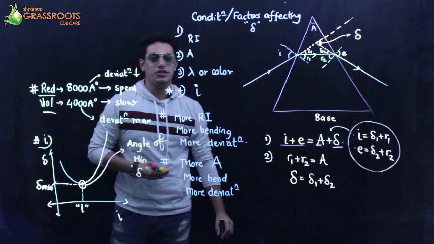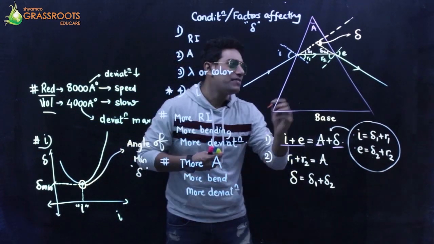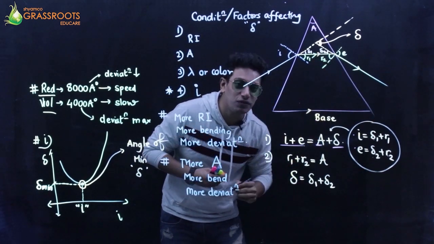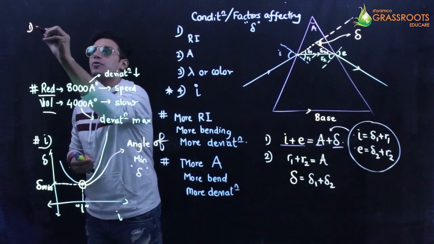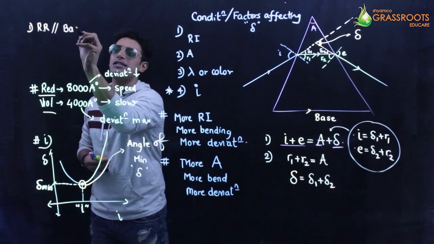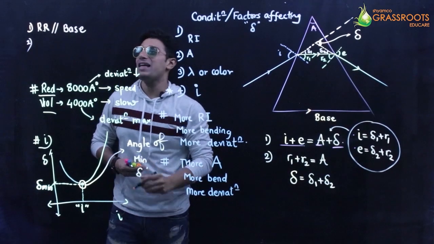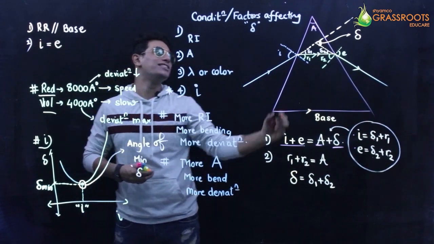We observe certain things. What do we observe? First, we observe that the refracted ray is parallel to the base of the prism. That's what we observe. First observation. The refracted ray is parallel to the base of the prism. Second, what do we observe? We observe that angle of incidence is equal to the angle of emergence. Come on.